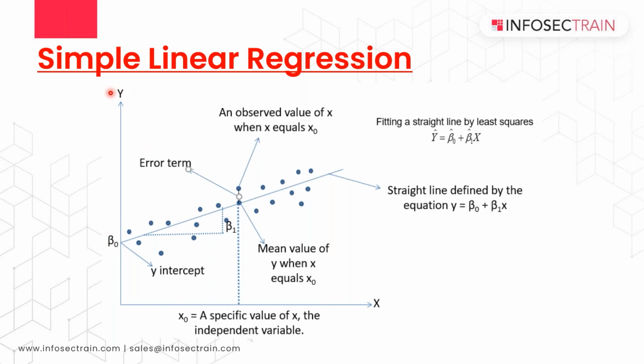Now, what is the slope? It is nothing but the rate of change of y with respect to x. As you know, if x is changing, then y is also changing. We'll go with the practical, then you will understand all these things.